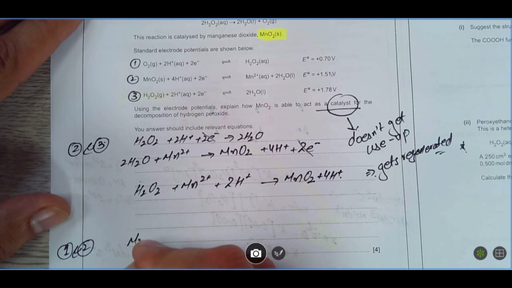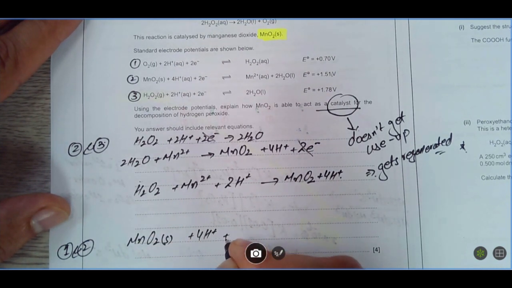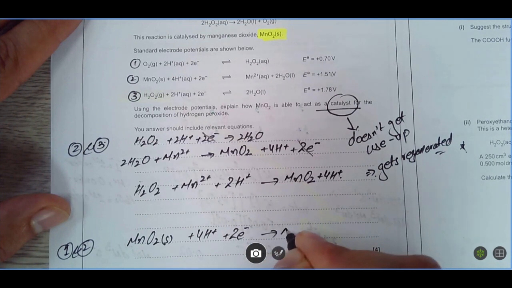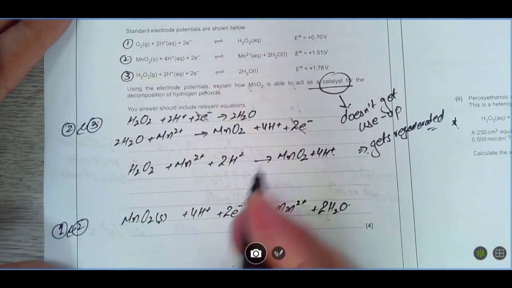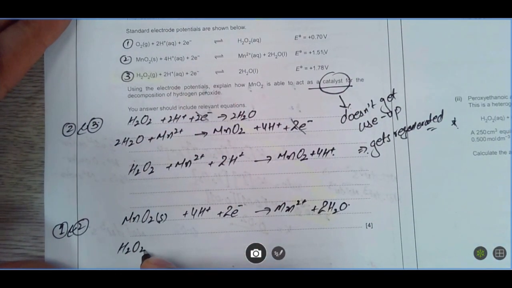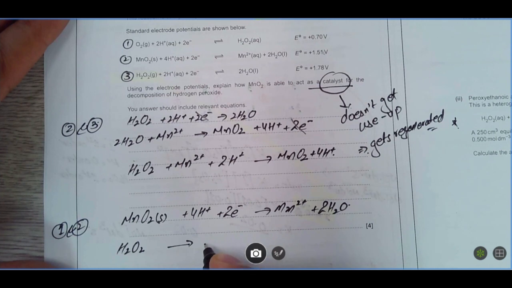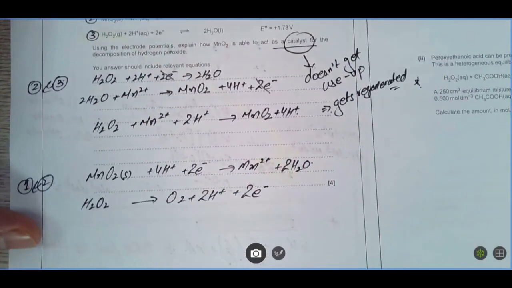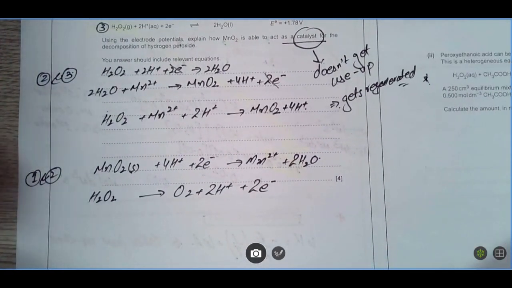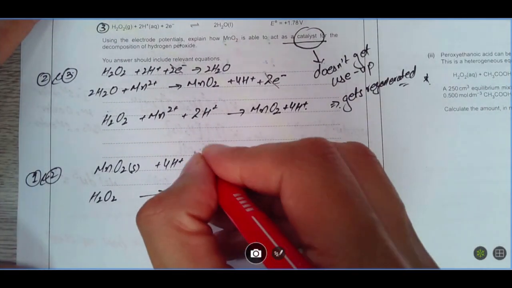So it will be MnO2 solid plus 4H positive plus 2e minus changing into Mn2 plus 2H2O. And then I can rewrite the top equation as H2O2 changing into O2 plus 2H positive plus 2e minus. The two equations both contain the same number of electrons, so the electrons will cancel out.